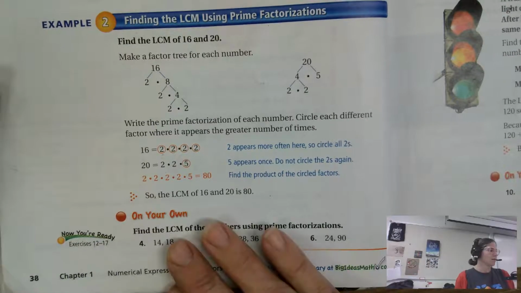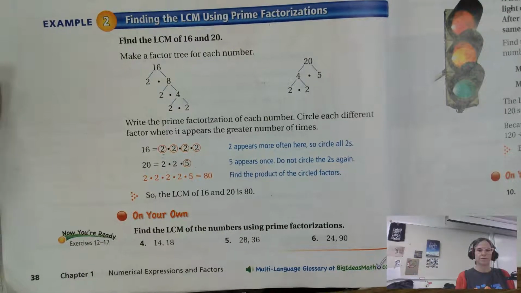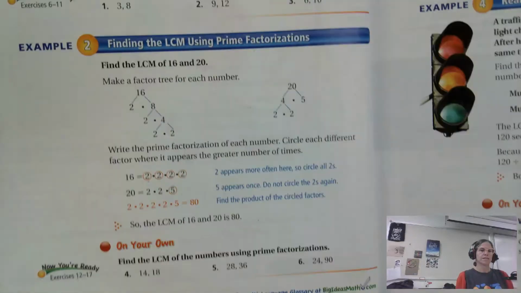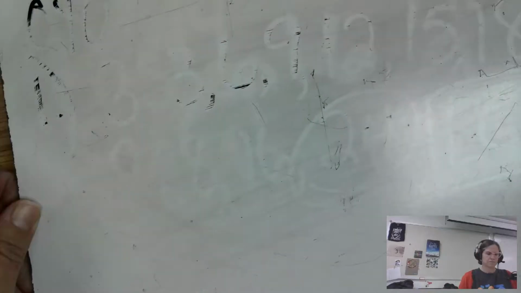I'm going to go ahead and walk through one more with you. This is number 4, finding the LCM of 14 and 18 using prime factorization. All right. Here we go.